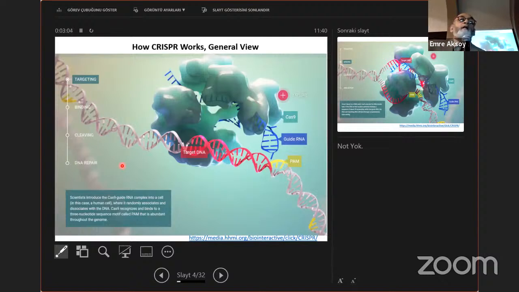In targeting, the scientists introduce the Cas9 guide RNA complex into a cell, where it randomly associates and dissociates with the DNA. Cas9 recognizes and binds to a 3-nucleotide sequence motif called PAM that is abundant throughout the genome. This is the first step.